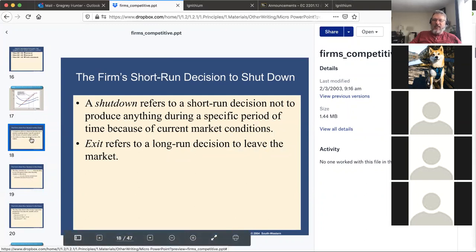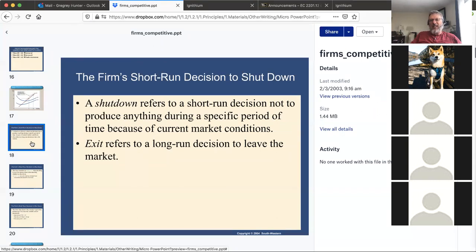What the shutdown rule means is that sometimes firms won't produce because, for example, we talked about last time, there are lots of firms that have shut down because of the quarantine rules and the pandemic. And even if they were allowed to stay open because they were able to have social distancing measures and the rest of it, because they have a decrease in the opportunity to sell because there are fewer customers, it just might not be worth it for them to stay open.